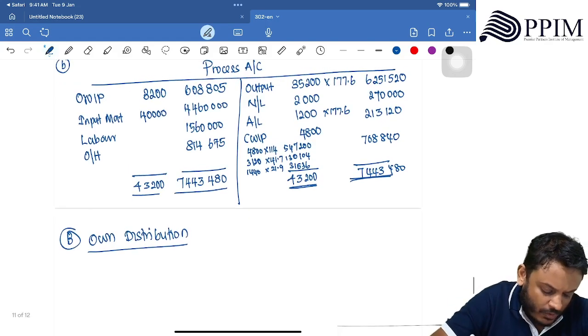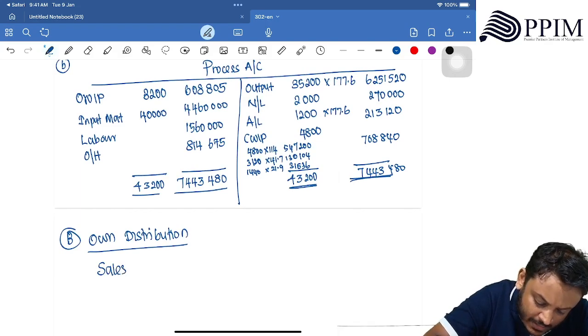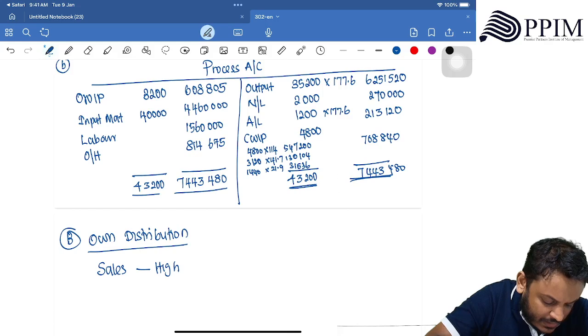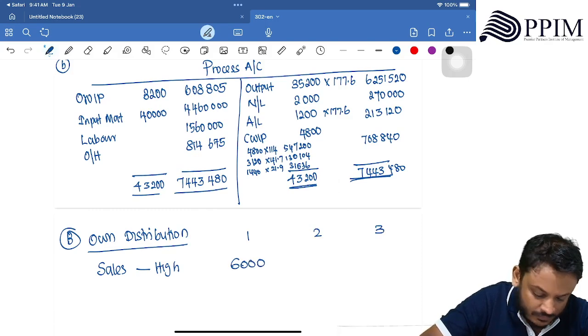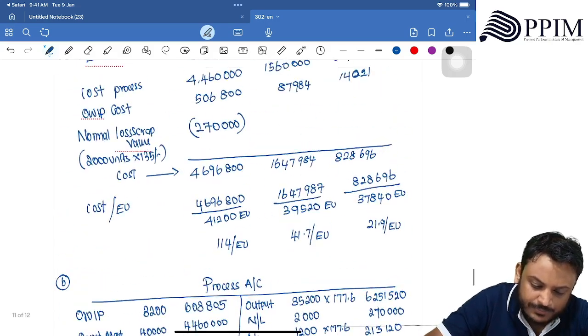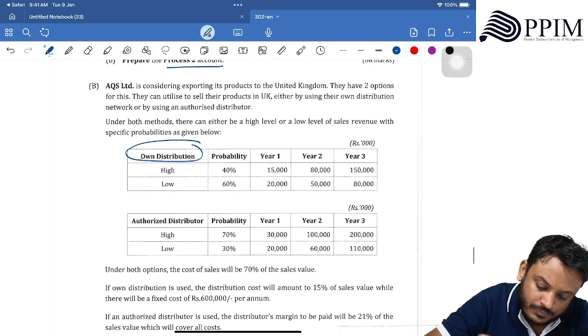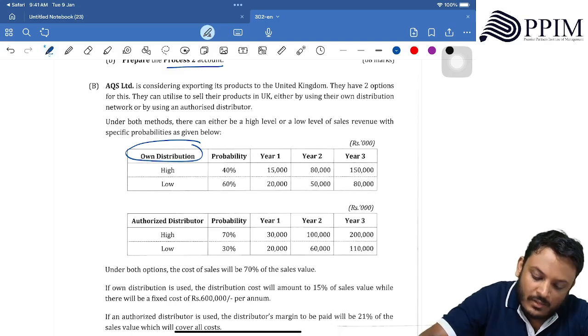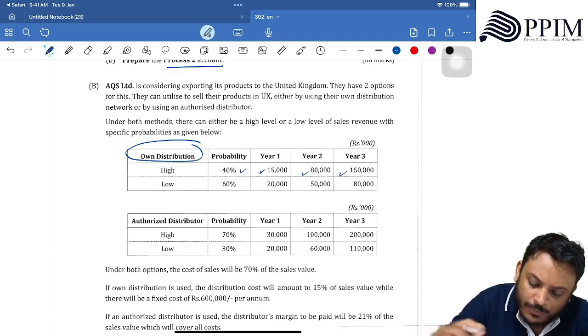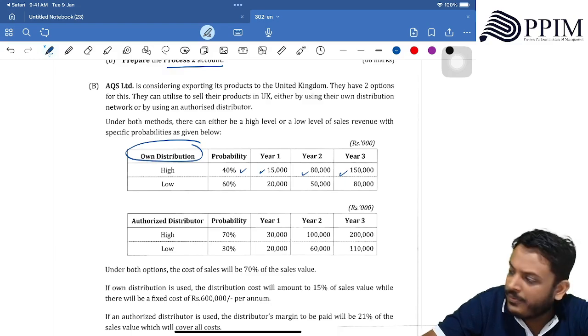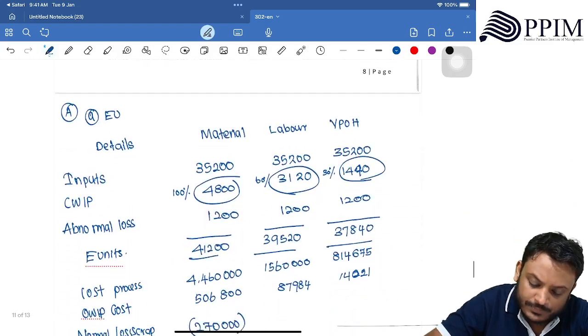If the sales is high, what is the chance? 6,000, 32,000 and 60,000. See the question? 40% of 15,000, 40% of 80,000, 40% of 150,000. That is what I marked here.